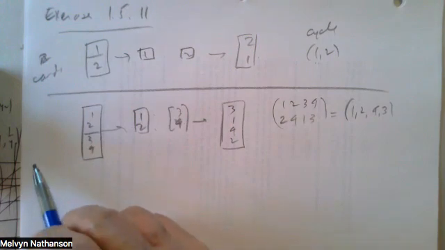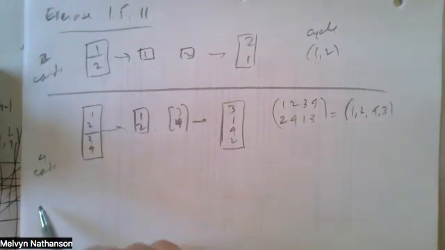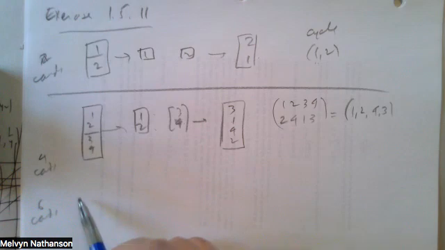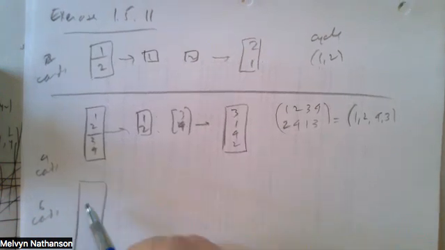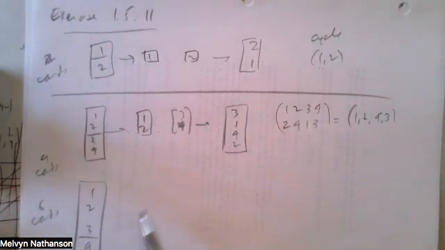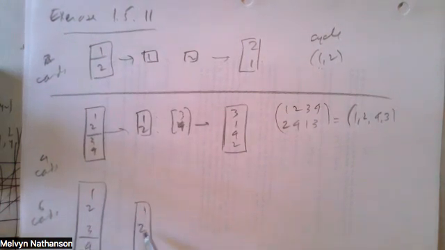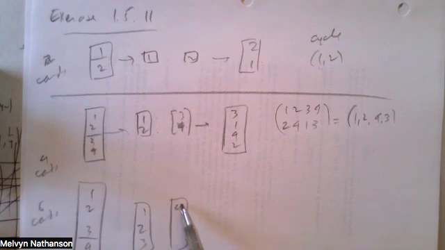Let's take a deck. So this is with 4 cards. If I take a deck with 6 cards, if I cut it perfectly, I have 1, 2, 3, 4, 5, 6.